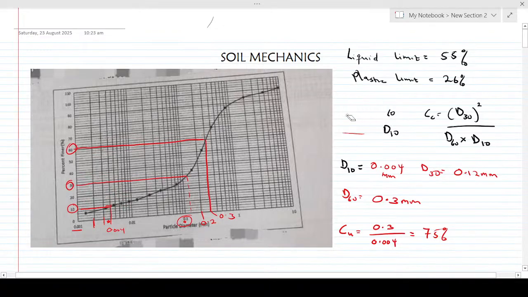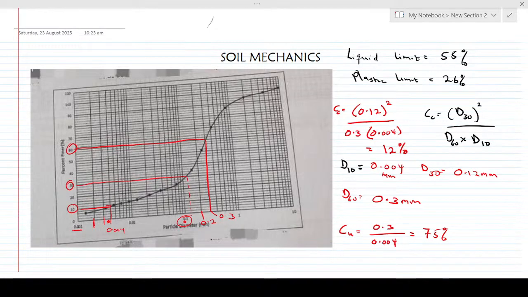CC is simply D30 squared, and D30 was 0.12, squared, divided by D60, which is 0.3, times D10, which is 0.004. And CC will simply give us 12%. So these are the values for CU and CC.